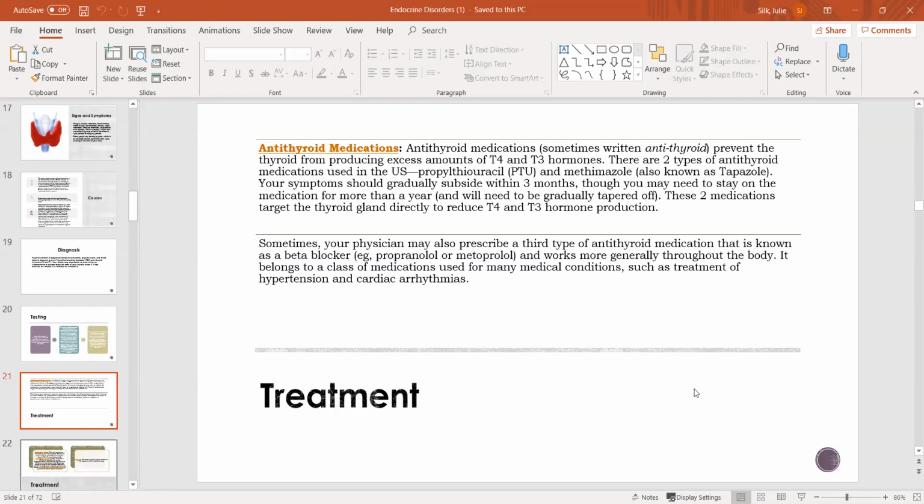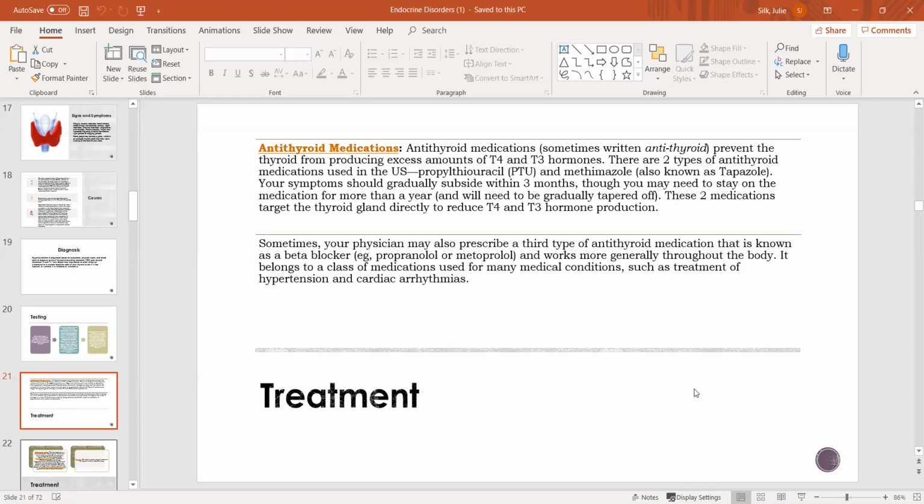All right, so with this particular disorder, they have to be on some thyroid medication. So there are anti-thyroid meds that you can take. I'm going to mention two in particular that I want you to make sure you know.